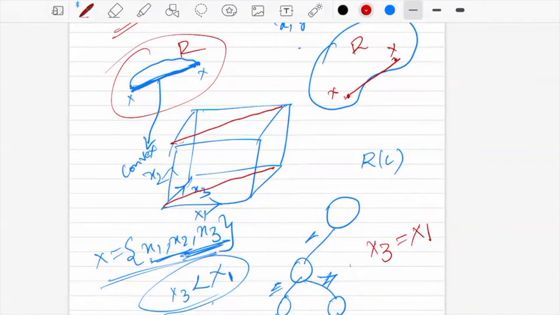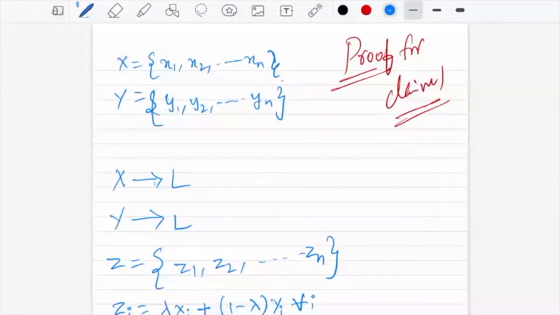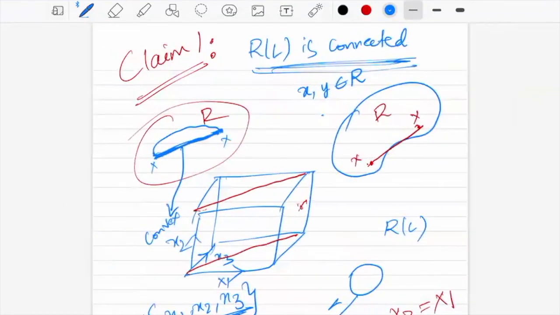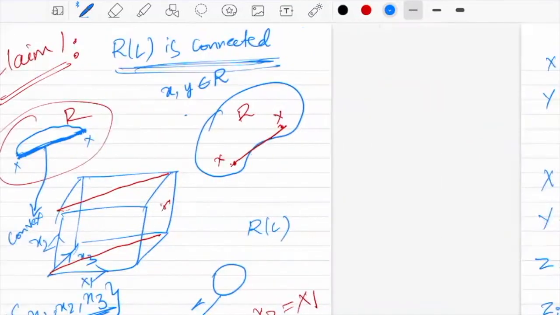If we repeat this several times for all the coordinates in this instance, then the last piece remaining in this 3D diagram will also be in a convex manner. Okay, so now we have seen the pictorial representation of how to show that R of L is connected.